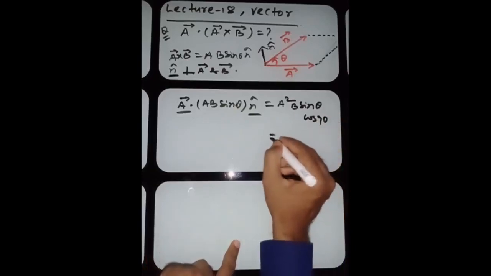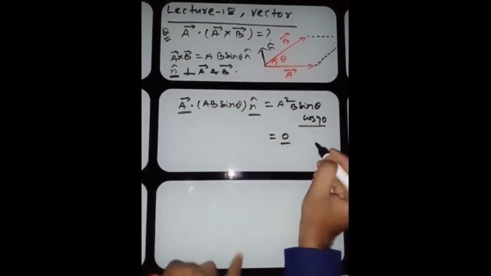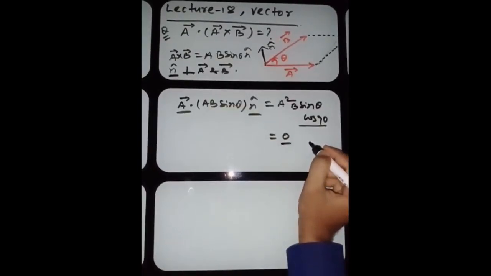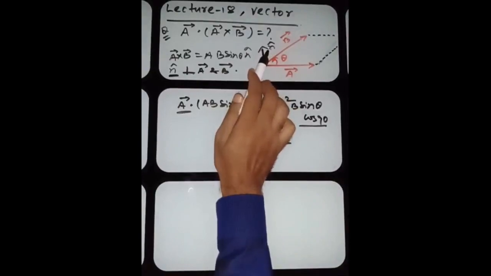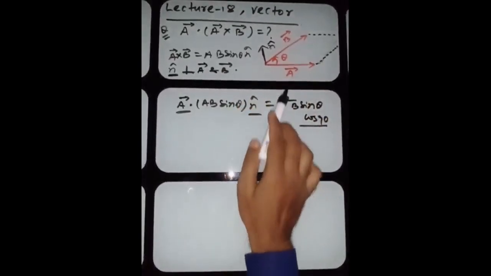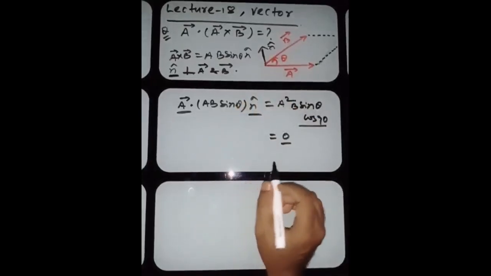And what will be the cosine of 90? It is 0, entire will be 0. So A dot A cross B will be 0. Directly you can think, my dear students, if this n is perpendicular to both A and B, here A and B are coplanar vectors, then the answer must be 0.